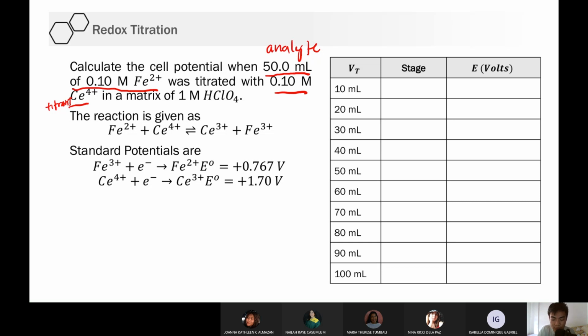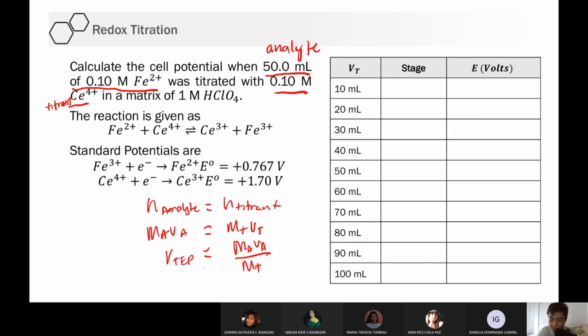So, at equivalence point, we show that the mole of analyte is equal to the mole of titrant. Okay? So, we use MAVA equals MTVT. So, since hinahanap natin si VTEP, volume of titrant at equivalence point, this can be written as MAVA over MT. You just plug in the given equations.